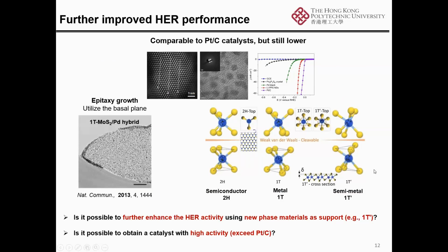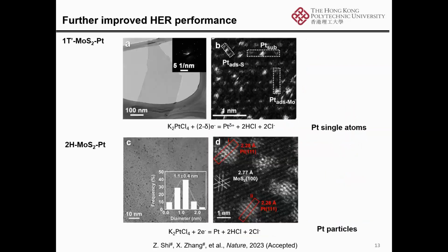Based on the structures, we designed some materials to further enhance the performance. Recently, based on this concept, we developed such a catalyst. We use palladium sulfide as the substrate and grow single atom catalyst to further decrease the size of the nanomaterials to single atoms on the two-dimensional layered nanomaterials.